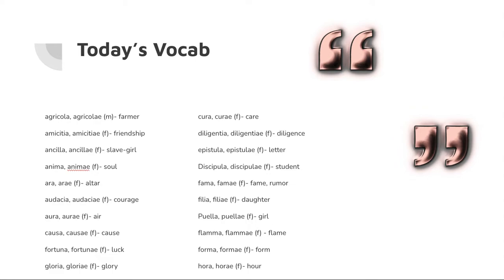Diligentia, diligence. Epistula, letter. Discipula, student. Fama, fame, or rumor. Filia, daughter. Puella, girl. Flamma, flame. Forma, form. And hora, hour.